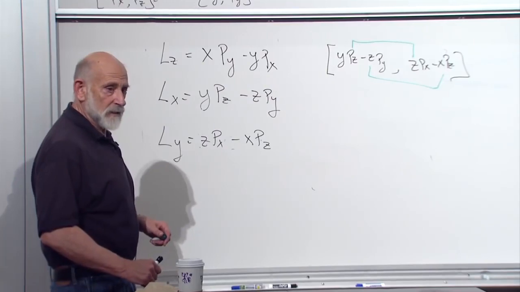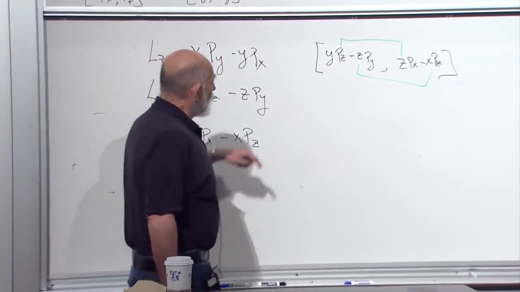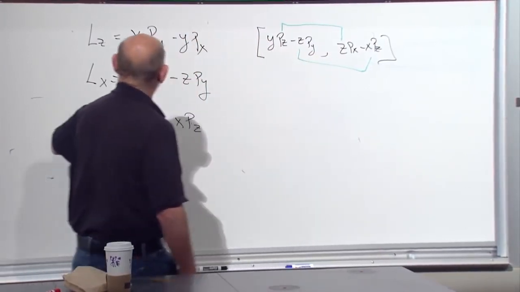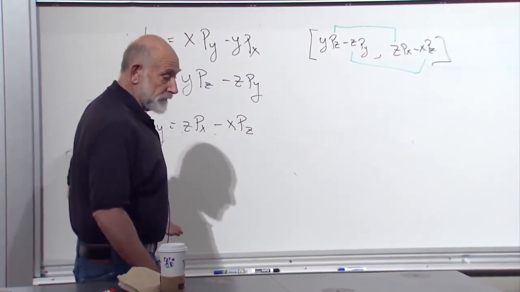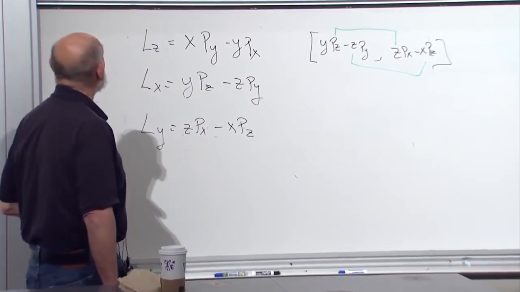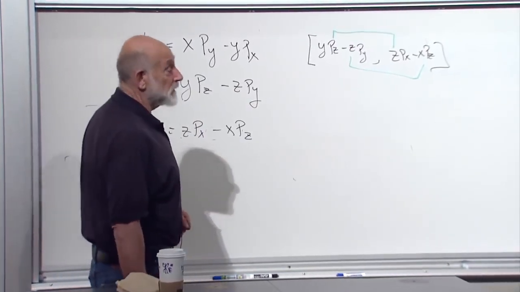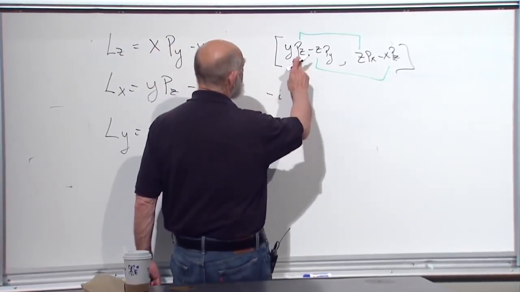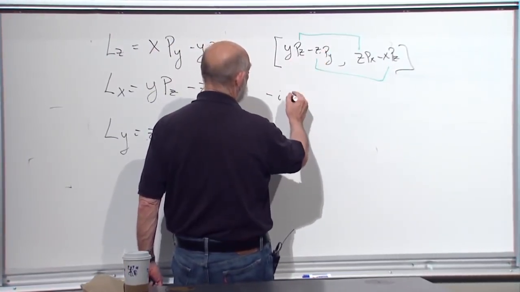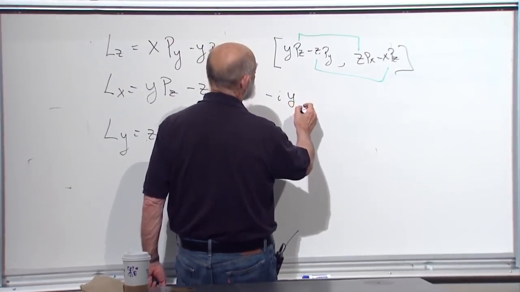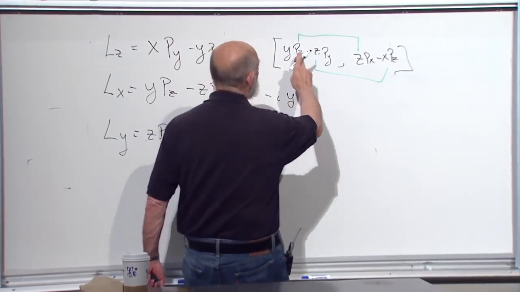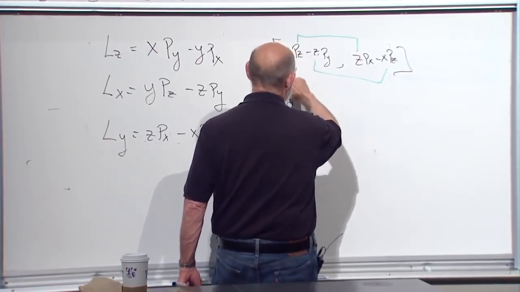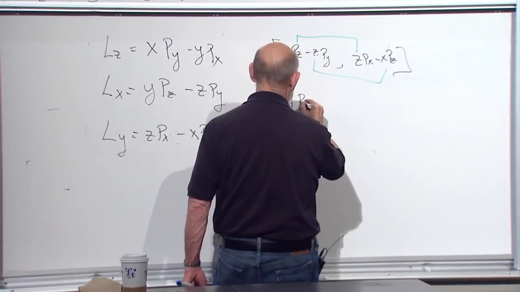Okay, from this term over here, you get a commutator of pz with z. What's the commutator of pz with z? Minus i. So there's a minus i, and that gets rid of pz and z, and that leaves over y and px.